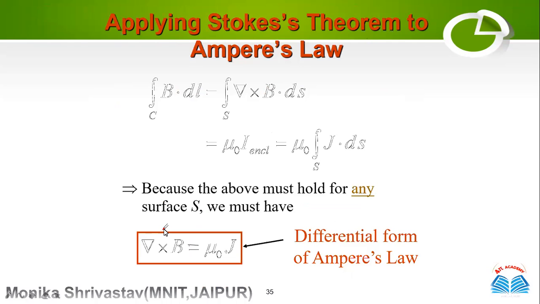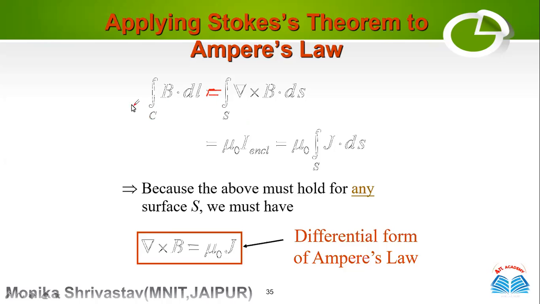Now, applying Stokes theorem to Ampere's law. You have studied Stokes theorem and Gauss theorem in electrostatics. We can use that theorem in magnetostatics also. That theorem says the line integral of any vector quantity can be changed into the surface integral of the curl of that vector quantity. So the closed integral of B dot dl will be equal to the integral over S of del cross B dot ds.